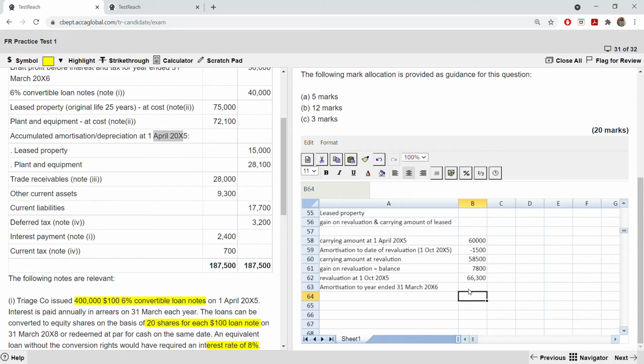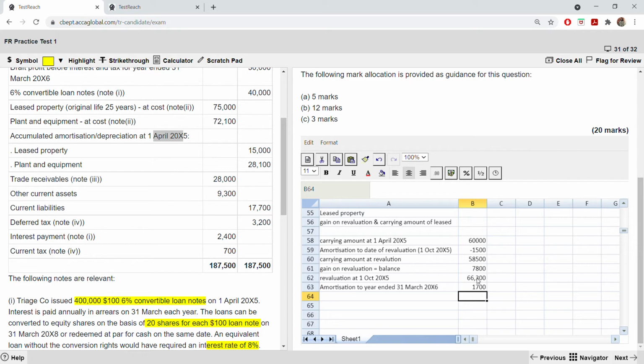So here it will be equal to this, divided by 19.5, into 6 months. Into 6 months means you can also do into half, or into bracket 6 divided by 12, 1700.